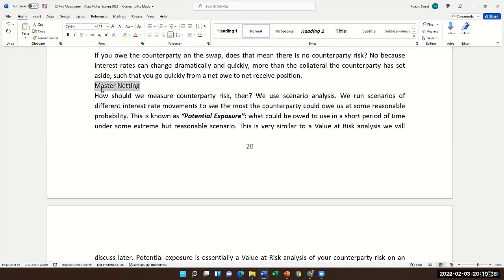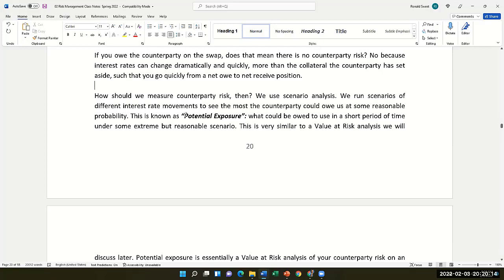Potential exposure is not what someone actually owes you, but what someone could owe you in a particular worst case scenario. We ran many scenarios, and we decided, in this worst case scenario, this is how much JP Morgan could owe us, over the collateral we currently have. So potential exposure is a risk measure, essentially a value at risk type of risk measure.